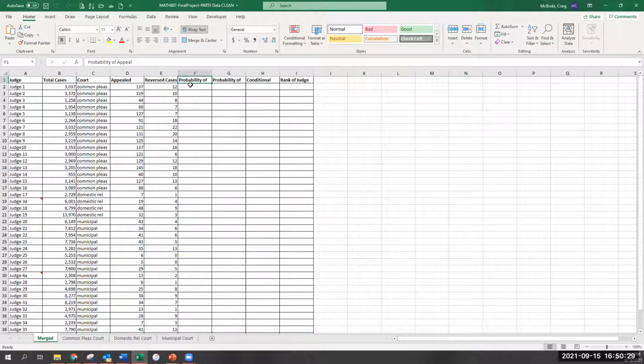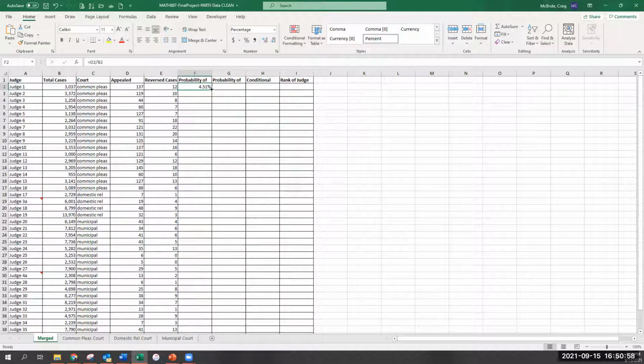So the probability of an appeal for this judge is simply the number of appeals divided by the total number of cases they saw. So this is going to equal this number divided by this number. Now I can leave it as a decimal, or I can change it into a percentage. If you're going to change it into a percentage, please be more accurate than a whole number. Give yourself at least 2 decimal places.